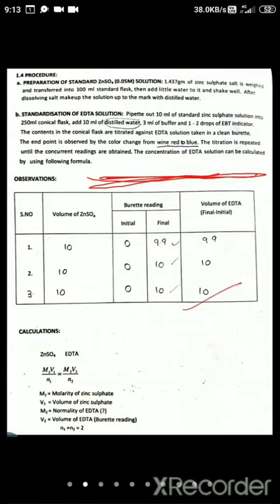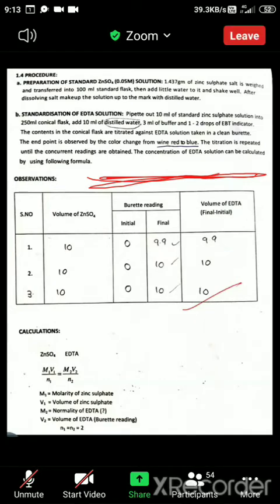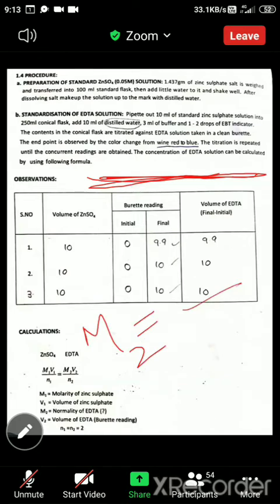Okay, now write the formula and calculate the readings. What is the calculation? M2 equals M1 V1 by V2, because N1 and N2 are equal to 2.